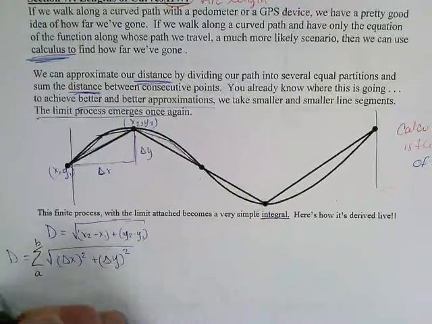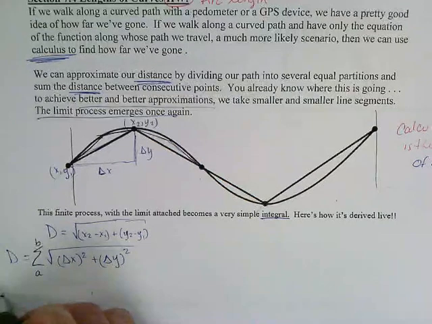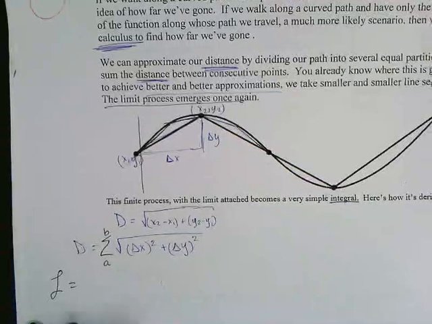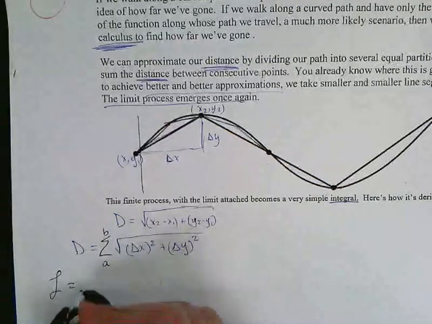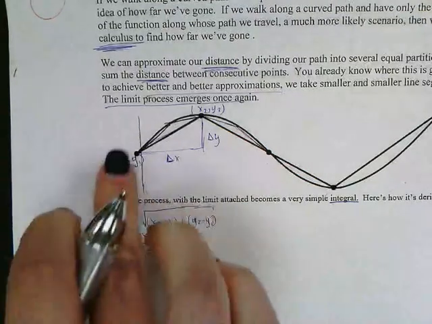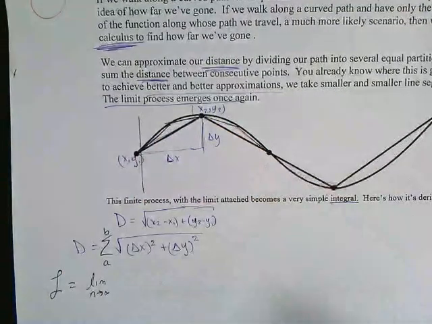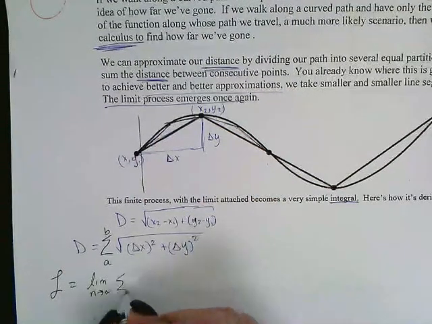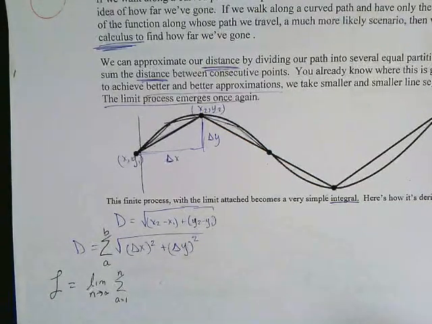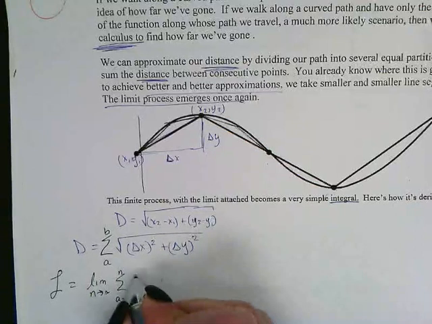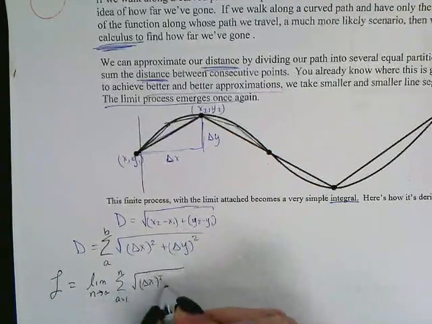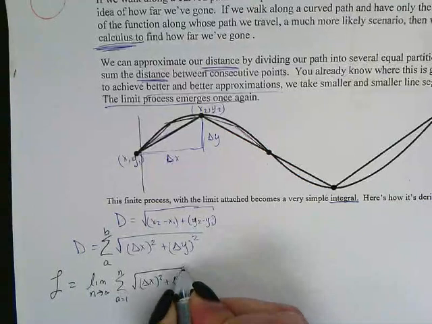So basically what this is saying is that the length of the arc, we're going to use this curly L, the length of the arc is equal to the limit as n approaches infinity. So these distances are going to become shorter and shorter from a equals 1 to n, however many partitions we use, of the distance formula, which is change of x squared plus change of y squared.